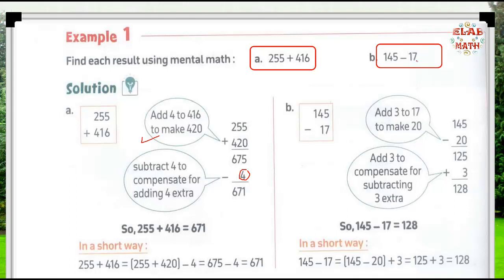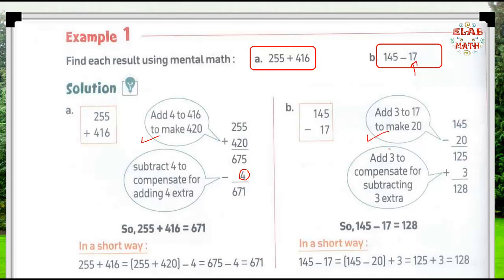Next one, we have 145 minus 17. If you want to use the compensation strategy, you should add an amount to the subtrahend. The subtrahend is the smaller number. We have 145 and here 17. You should add 3 to 17 to make 20 and find the difference. 5 minus 0 is 5. 4 minus 2 is 2. 1 minus nothing is 1. So 125.